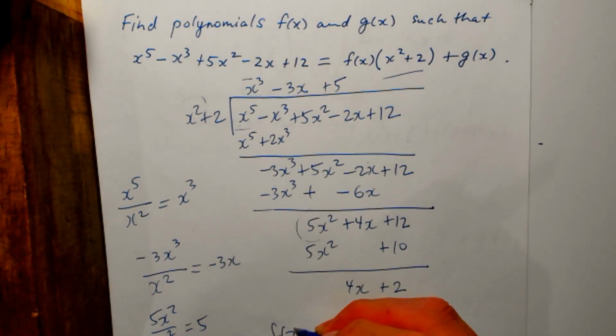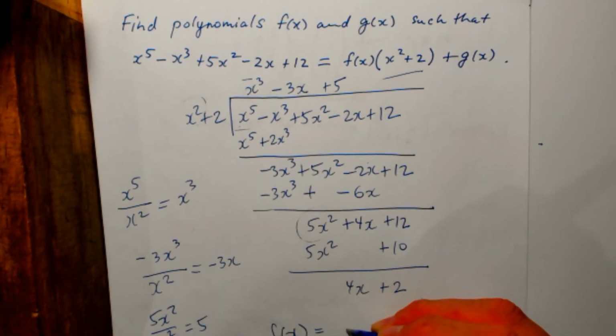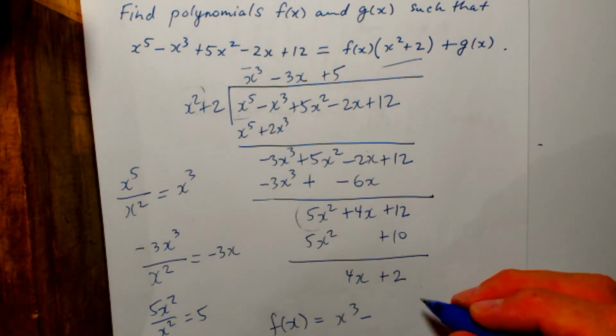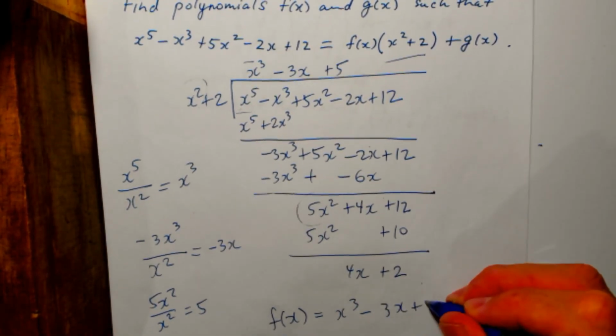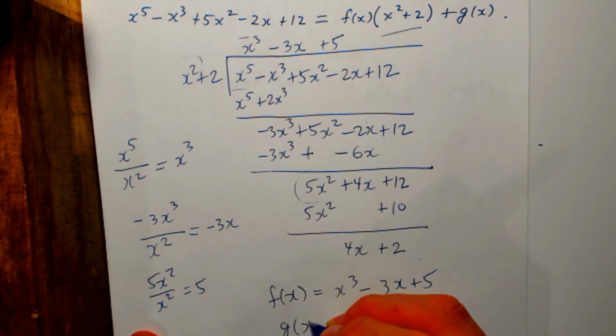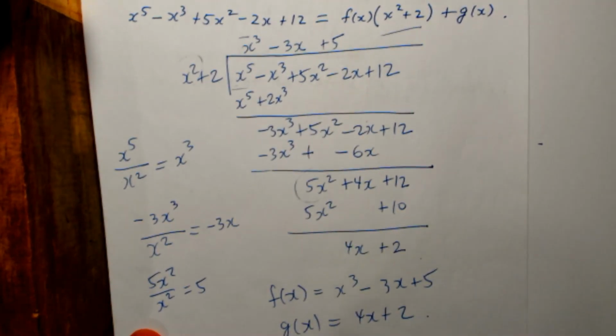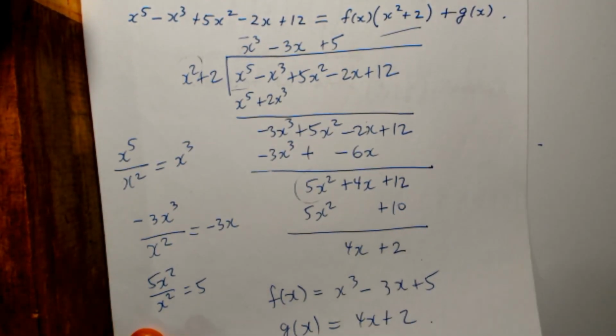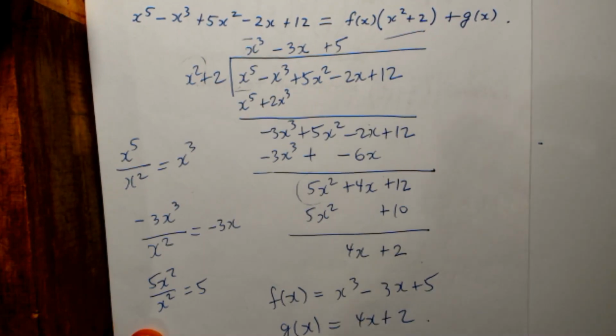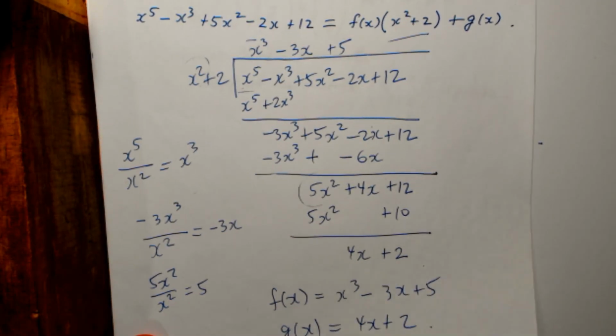So f of x is equal to x cubed minus 3x plus 5, and g of x is equal to 4x plus 2. Okay, great, that one is done. So please try to get better at long division for polynomials.